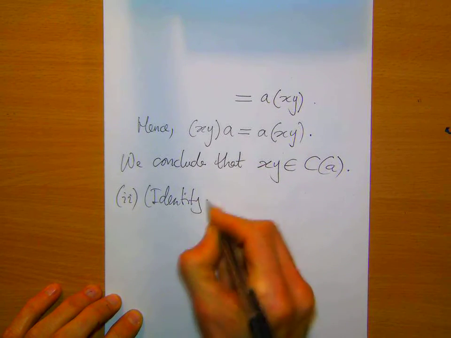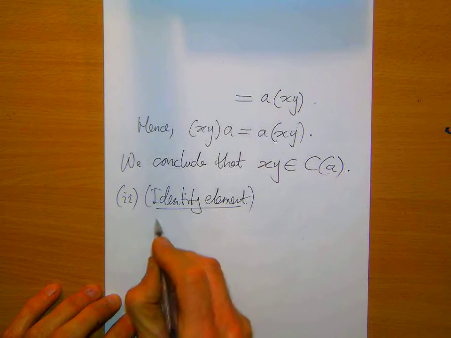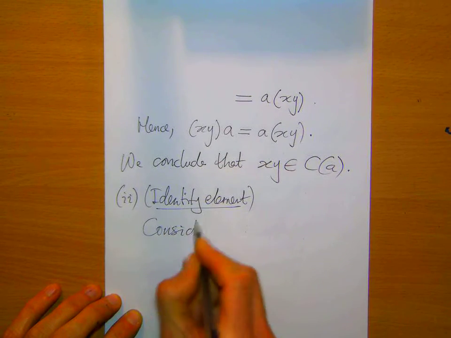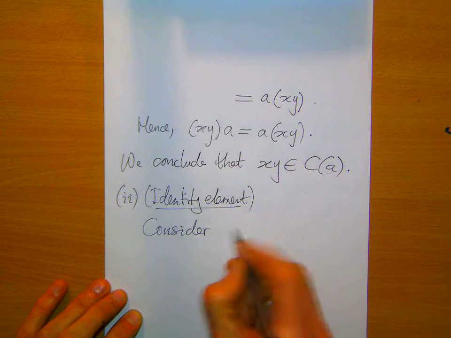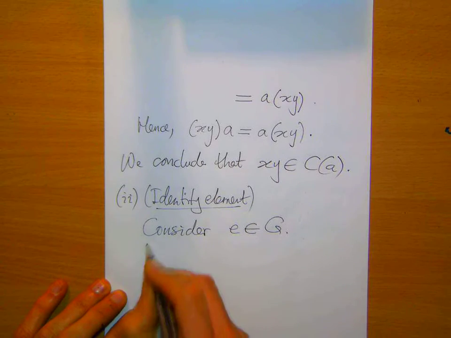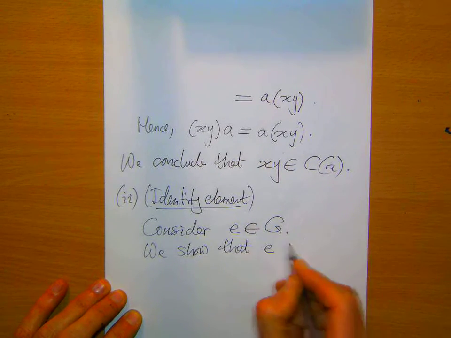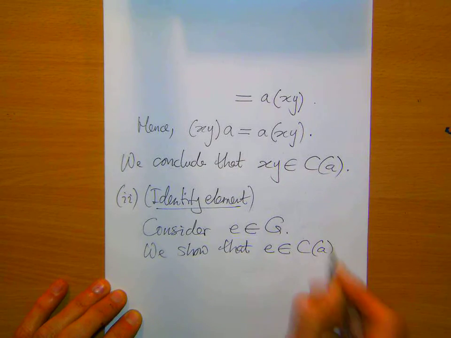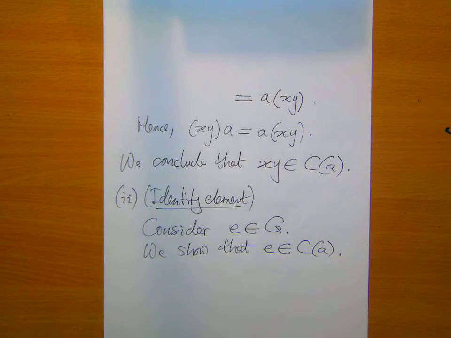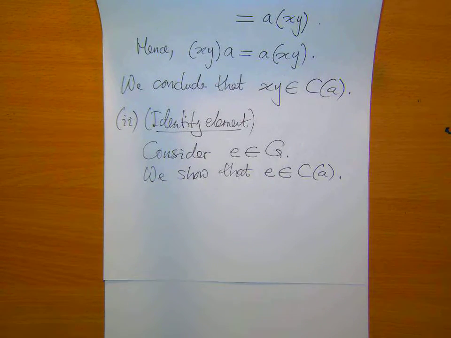I want to check that the identity element lives in C of A. So as usual, we'll call our generic identity element little e. So we're going to show that e is actually in C of A. So I've got to show that the identity element commutes with A, which is just part of its being an identity element.